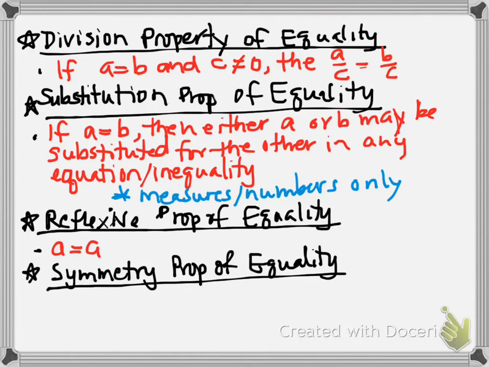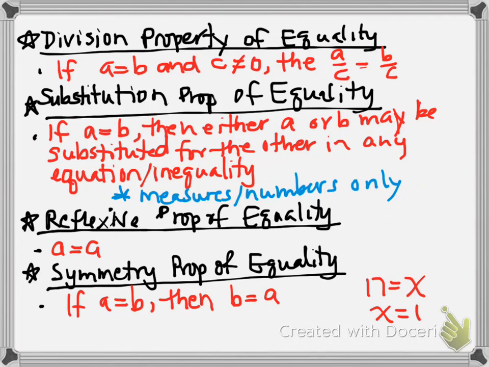This is the one that basically says if A equals B, so if we have this equation, then B equals A. And if you think about it, let's say you had solved out a math problem and you got 17 equals X. You would use the symmetric property to write the answer appropriately, and you would say X equals 17. That's all the symmetric property boils down to.